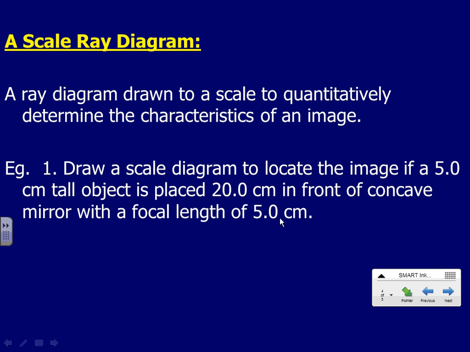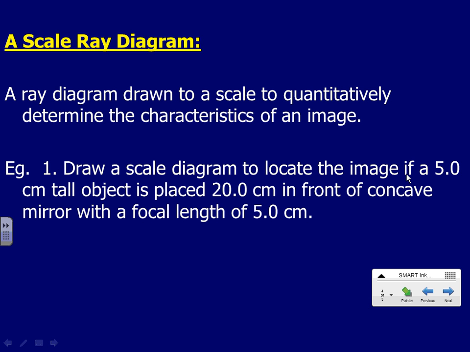The curvature of this is set so that we have a C of exactly 5 and an F of 2.5, right? And if we can get our scale to work with the protractor, then it'll work out nicely.